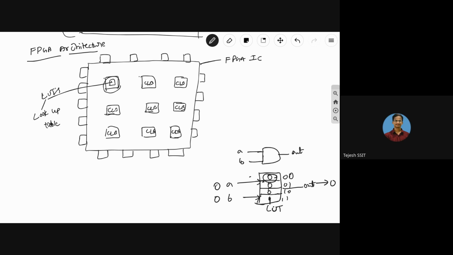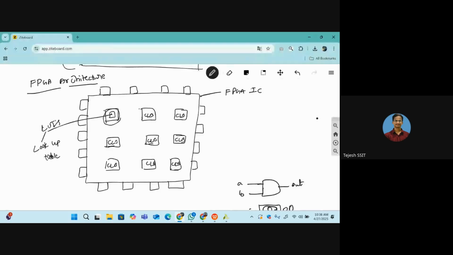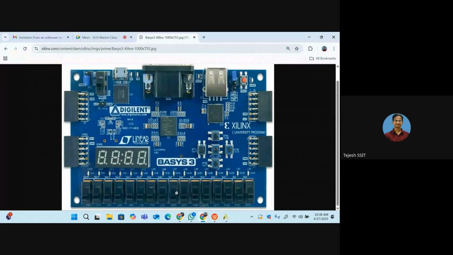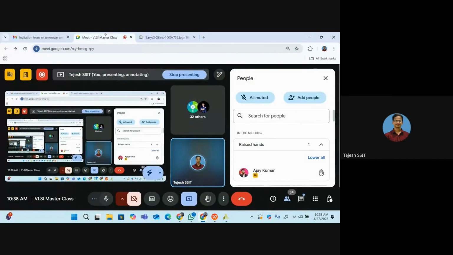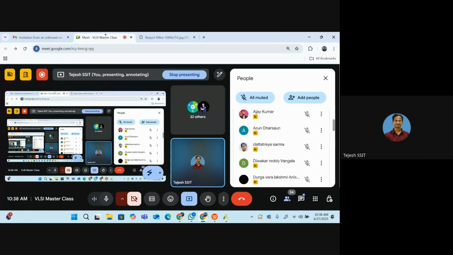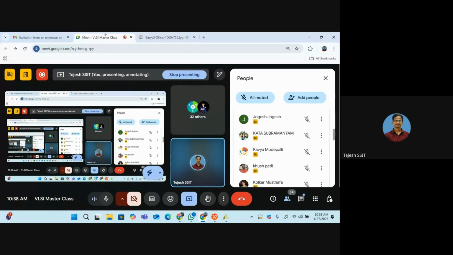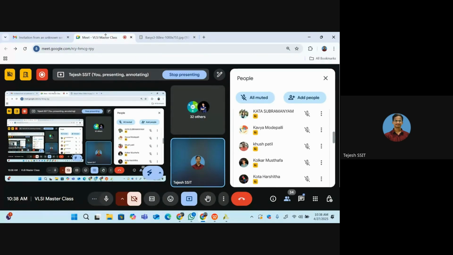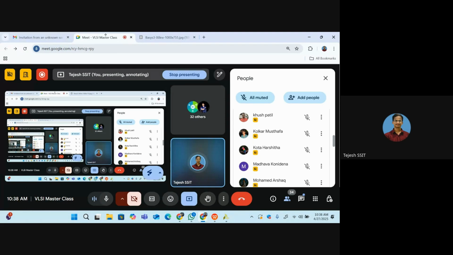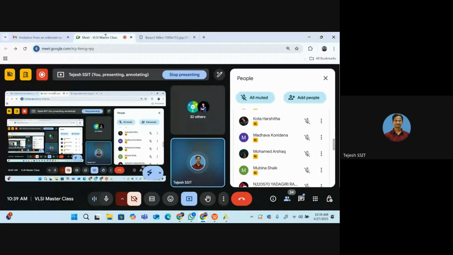Anyone have any doubts? Yes, please, Ajay Kumar. Hello. Anyone have any doubts? Divakar Reddy, Durga Varalakshmi, Jogesh, Subramanyam, Kavya, Kush Patel, Polkar Mustafa, Harshita. Anyone?